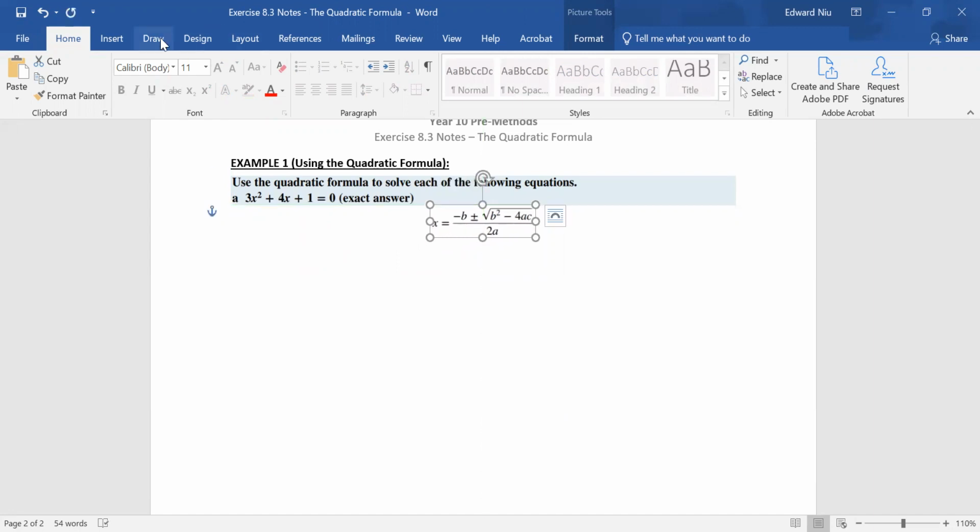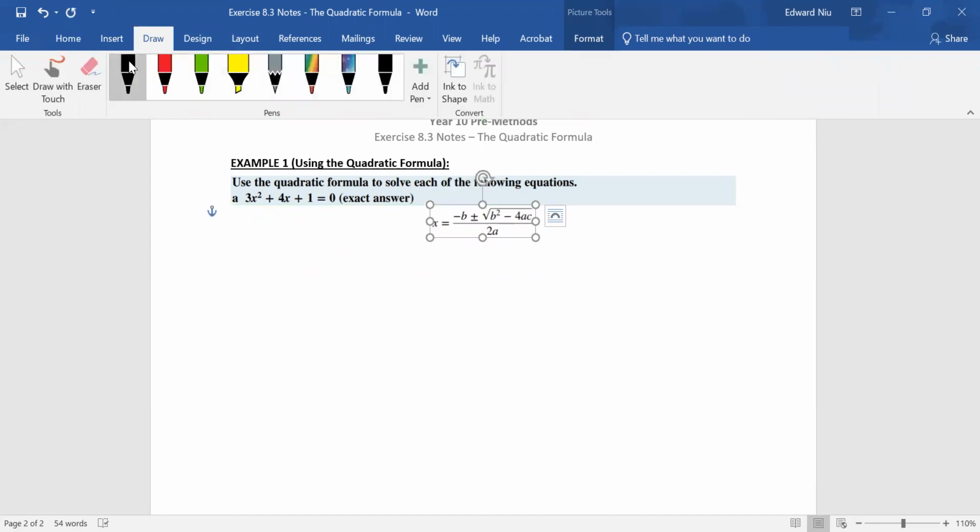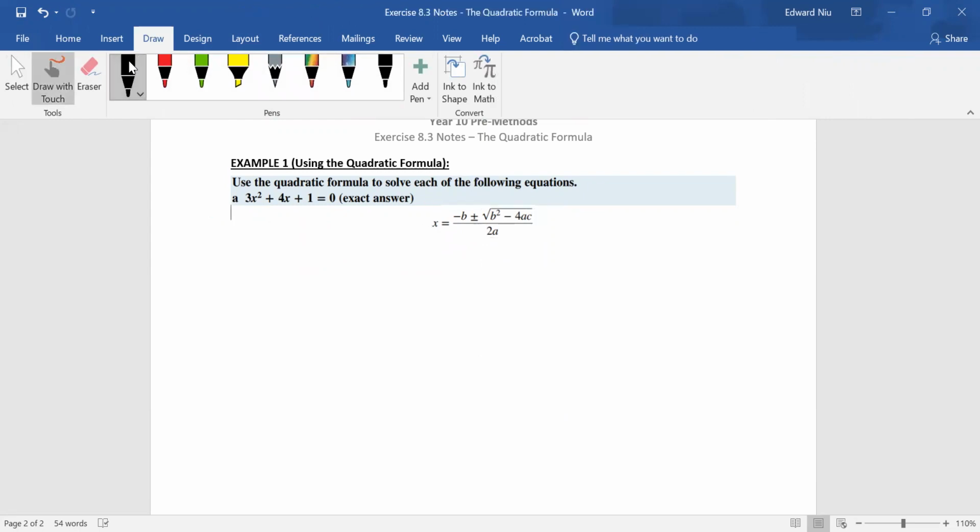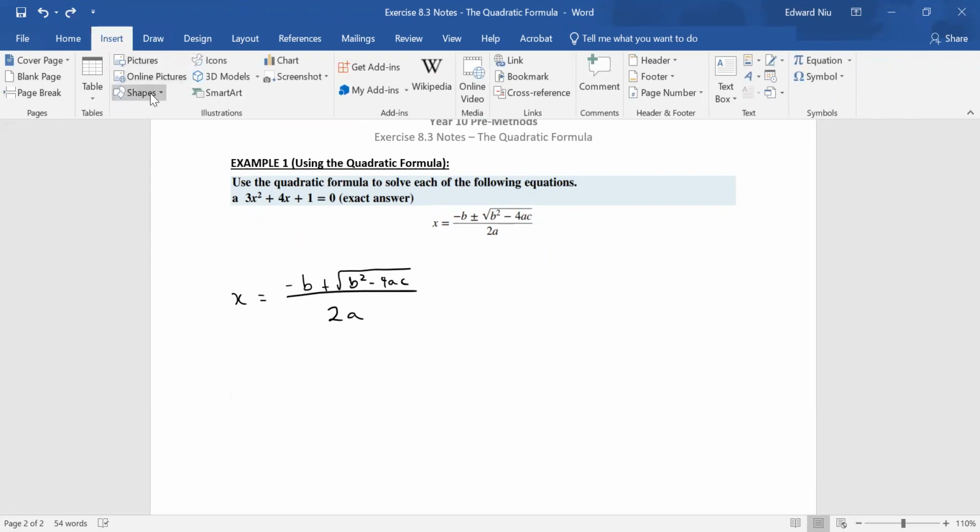So if we begin, what we'll have is x equals negative b plus the square root of b squared take away 4 times a times c, divided by 2a. Let's insert a line.